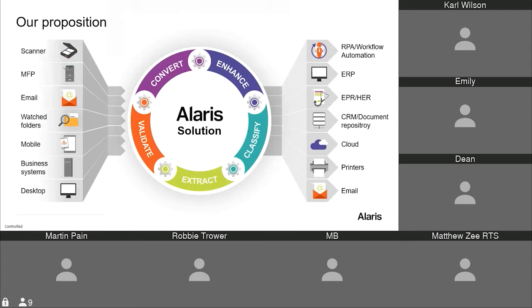Deliver that information process to where the customer needs it to be, such as the things on the right-hand side, CRM system, an EPR system, ERP, document management system, cloud, whatever that might be. We're kind of that hub in the middle of ingesting information, classifying it, extracting, validating it, converting it, and then pushing that into the right destination based on rules that have been defined or whatever that may be.